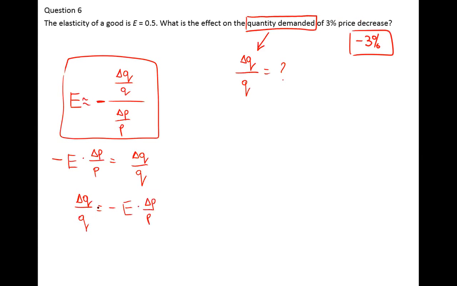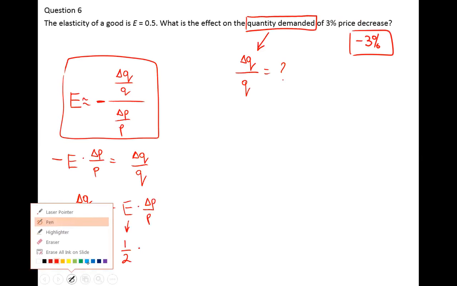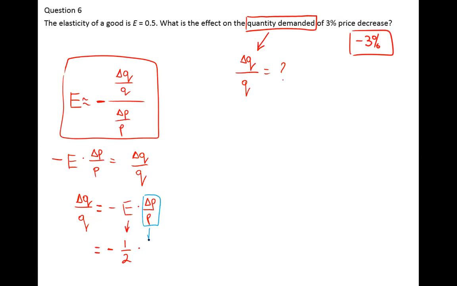So now we do have half for the elasticity of the good, and the percentage change in price is simply negative 0.03. It's the 3%, which I can put the 3% for you.